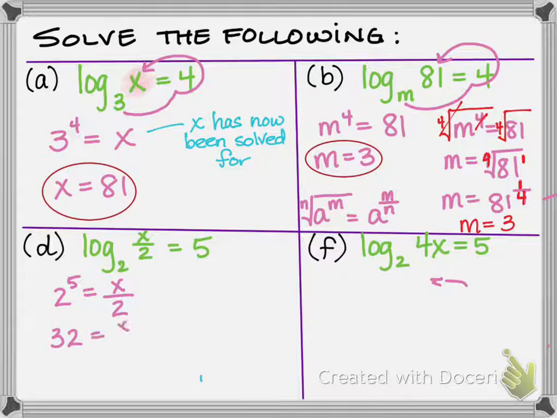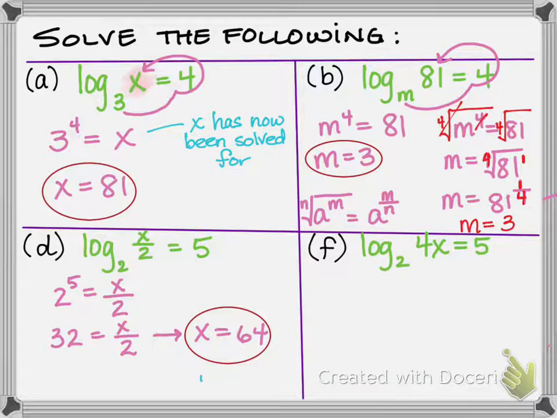Bring down the x over 2. And then to solve for x, we need to multiply both sides by 2. So our x is going to equal 64. Okay, so notice if you know your basic properties of logarithms, it's very quick to set it up and then basic algebra that you're using to solve for the variable.